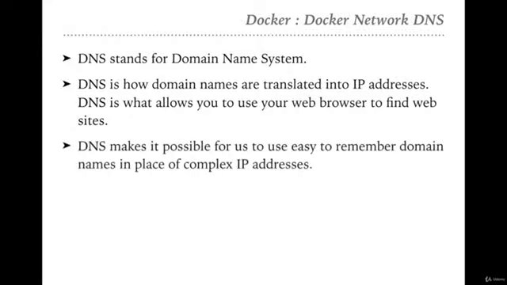DNS makes it possible for us to use memorable domain names in place of complex IP addresses. For example, you are running a website and your website domain name is something like testdomain.com and you want to publish your website over the internet. Then, instead of remembering a complex number like 189.179.11.21, it is easier to remember the name, right?